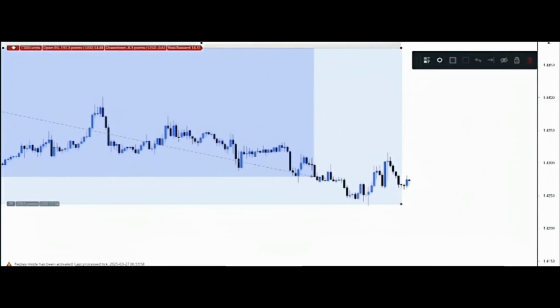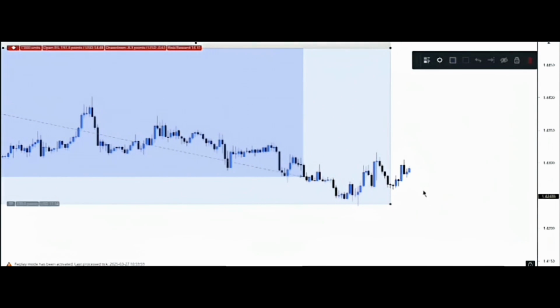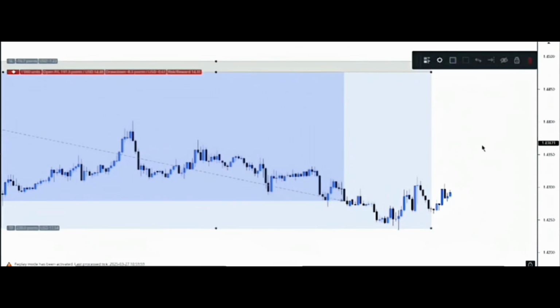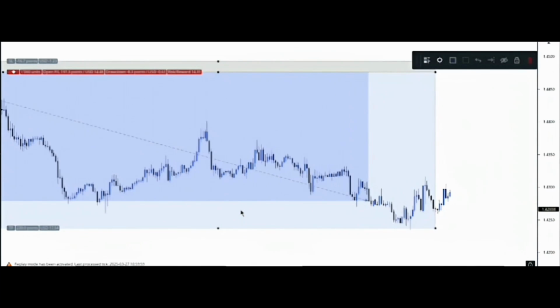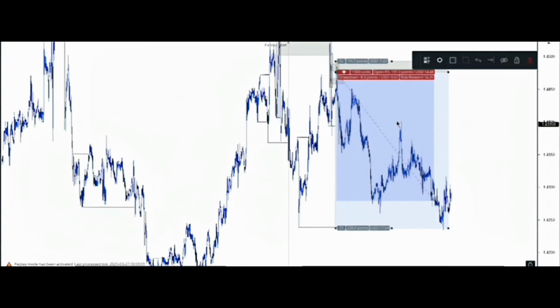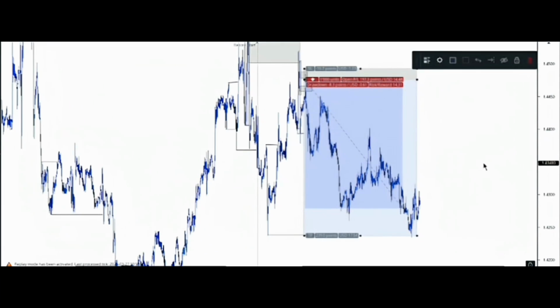So that's how to take high probability trade setups in the market. As you can see, it gave us about 13 hours. It gave us 14.31 hours. So that's the first example. Let me just quickly show you the second example and we call it a day, so that you will know I'm not cherry picking.